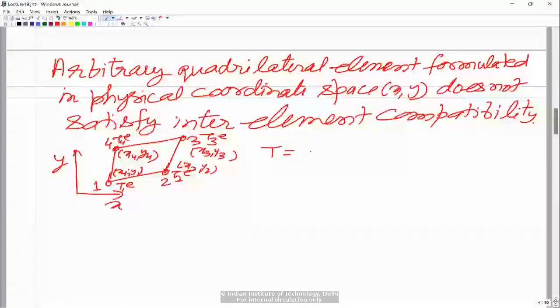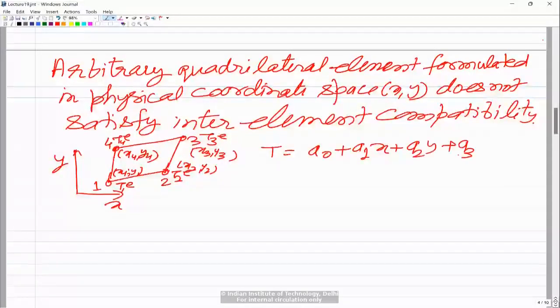So we can take this as a0 plus a1x plus a2y plus a3xy. The steps to develop the shape function and the element level governing equations would be that we first express a0, a1, a2, a3 in terms of T1e, T2e, T3e, T4e, and then get the shape functions and put that in the integral functional or the weak form and get the element level governing equation. So what I am going to discuss is only the compatibility condition.